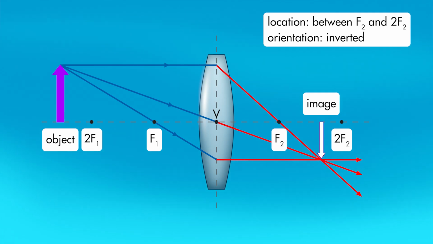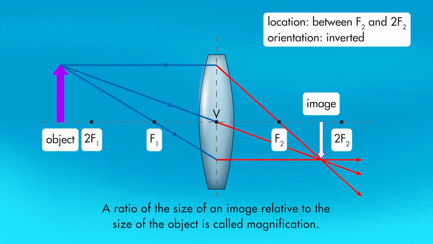An orientation can be inverted, as in this example, or it can be upright. The image drawn at the point of convergence is smaller than the object, so the image is reduced in size. A ratio of the size of an image relative to the size of the object is called magnification.